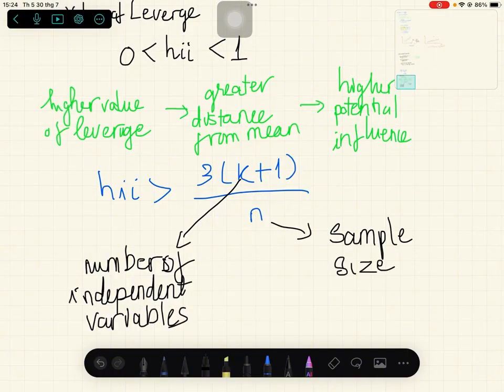If an observation exceeds this threshold, it deserves closer inspection. Notice the wording carefully. It is not automatically influential. It is simply a candidate for further investigation.